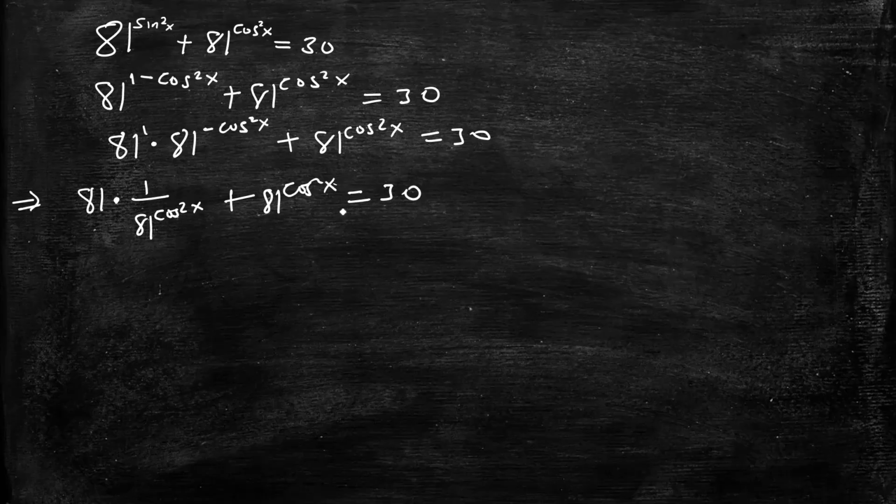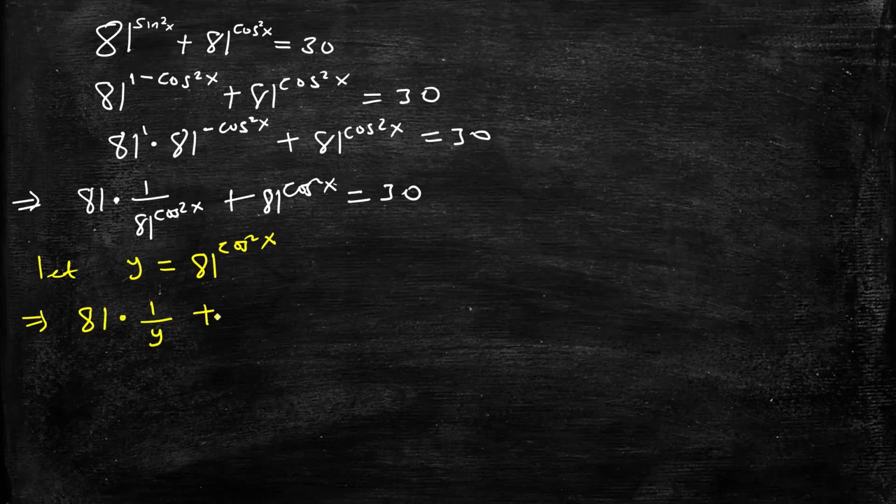Now we have a common term: 81 cos squared x and 81 cos squared x. So let y be 81 exponent cos squared x. Going forward, you can say 81 times 1 over y plus y equals 30.